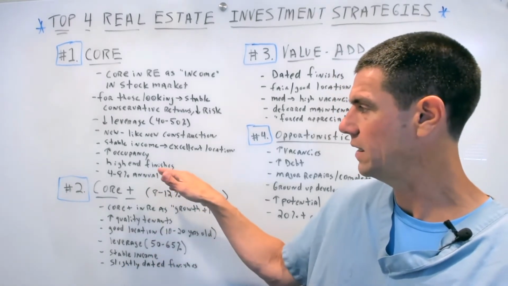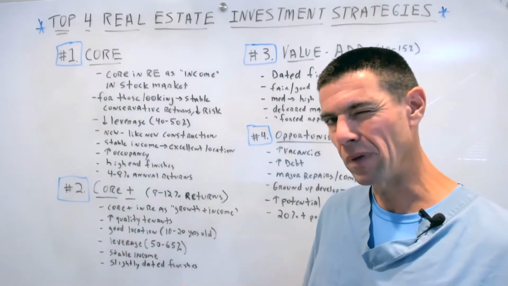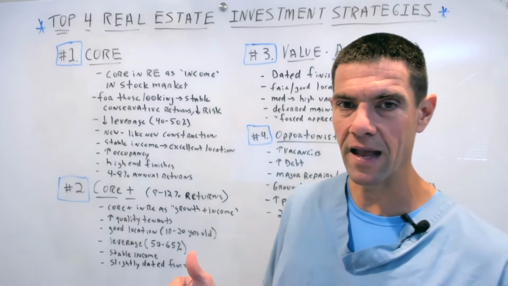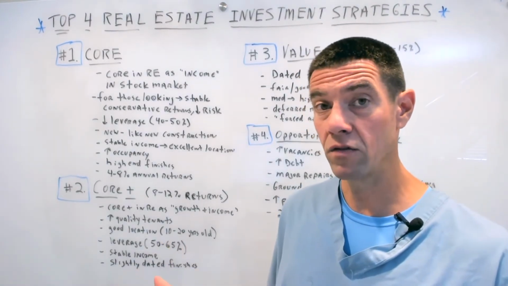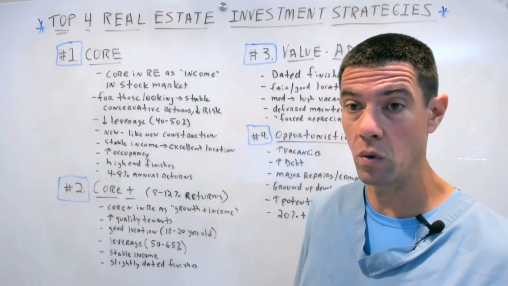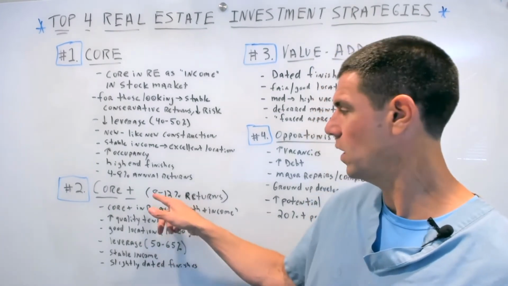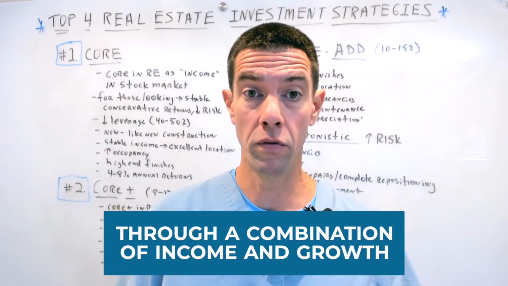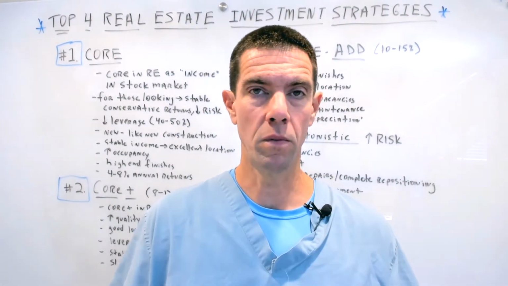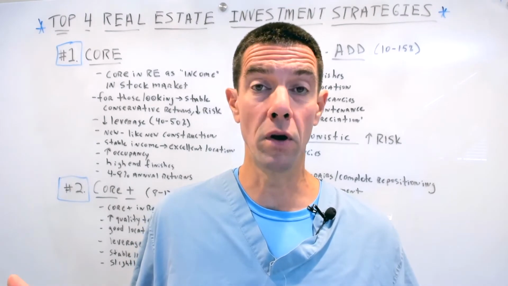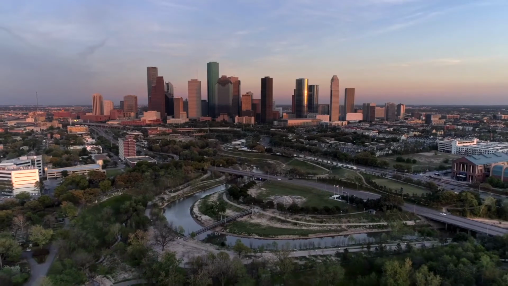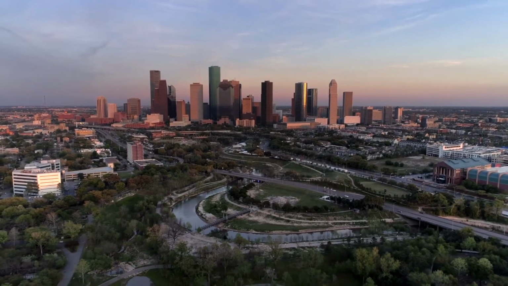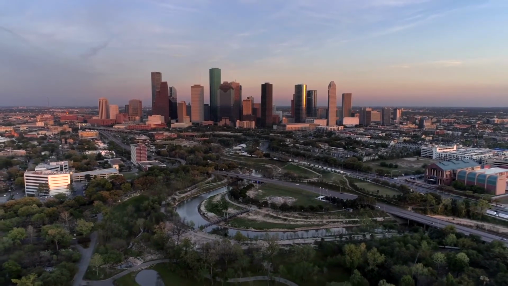And regarding the occupancy, typically low to moderate vacancy rates can be seen. Now, due to the slightly higher risk profile, investors within the Core Plus category can expect annual returns anywhere between 8 to 12%, again, through a combination of income and growth. All right. An example of this would be like a 200 unit multifamily apartment complex situated, let's say, in a growing area in a Houston, Texas submarket, built 10, 13 years ago or so.